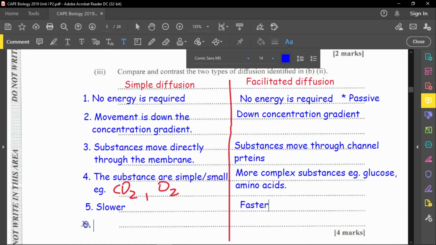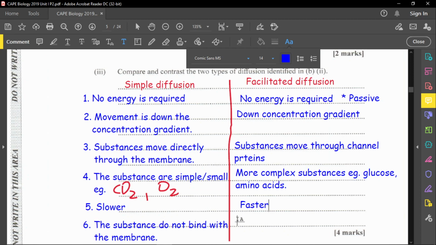In simple diffusion, the substance does not bind with the membrane itself. There is no binding of the substance with the membrane.